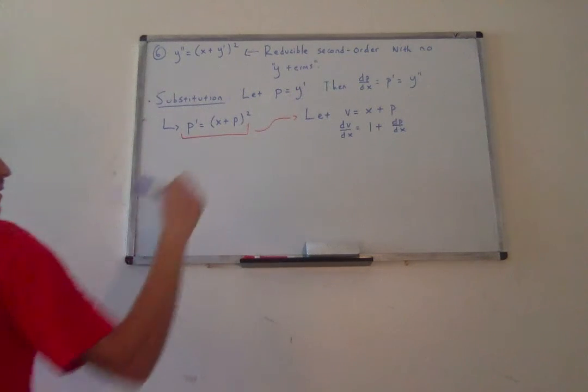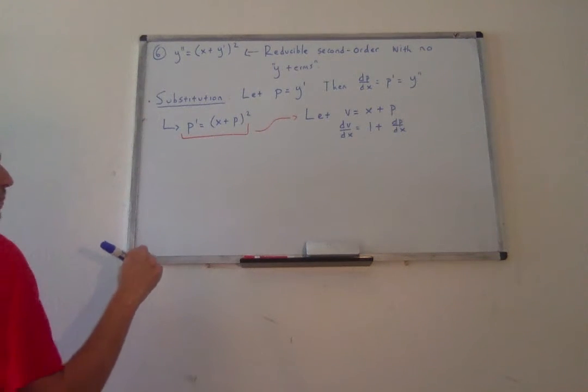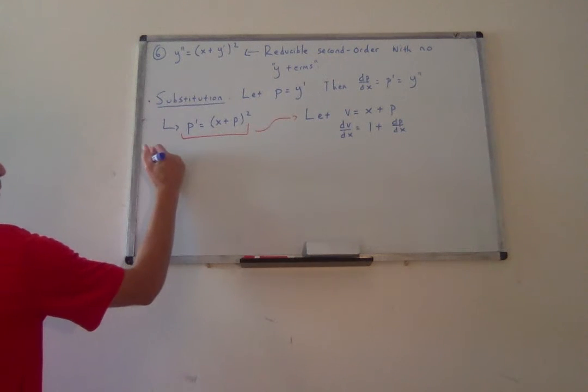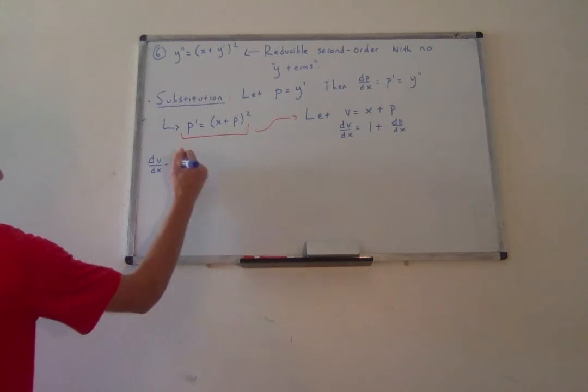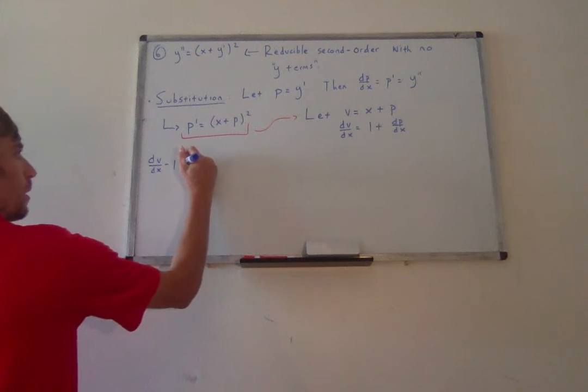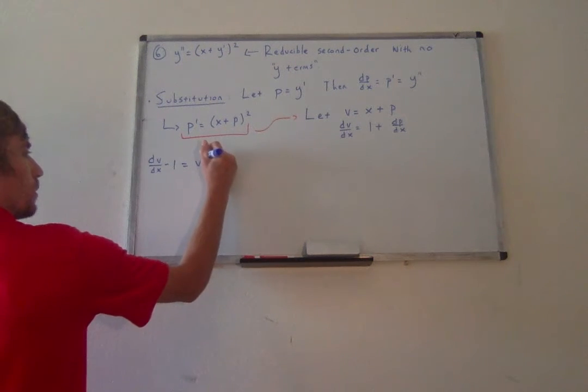And so now with this second substitution, we know that p prime is equal to dv dx minus 1. So p prime was dp dx, we just subtract 1 over. And this is equal to v squared.